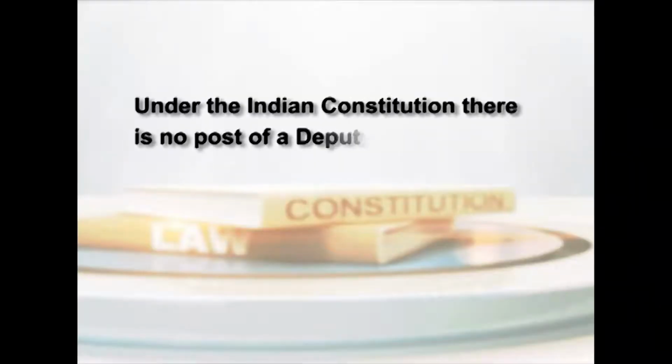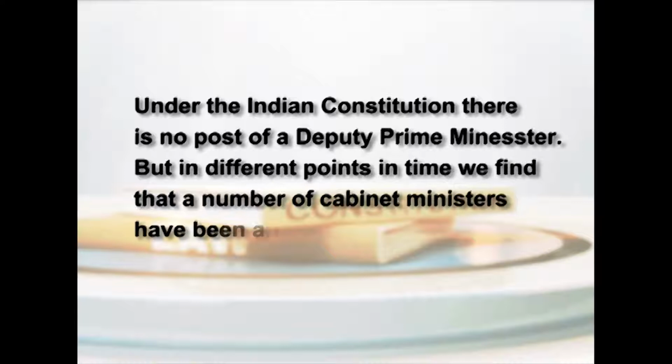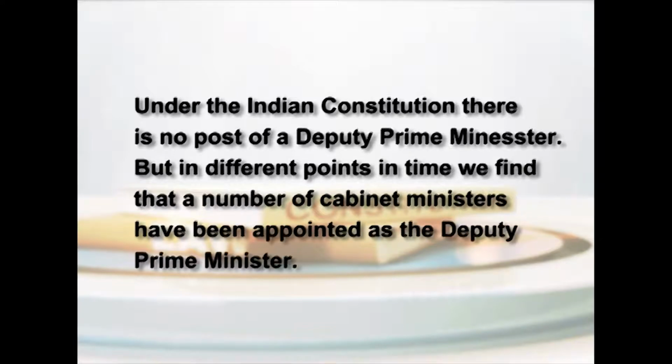Under the Indian Constitution, there is no post of a Deputy Prime Minister. But at the time of different Prime Ministers, we find that a number of cabinet ministers have been appointed as the Deputy Prime Minister. For instance, when Pandit Nehru was the Prime Minister, Sardar Vallabhbhai Patel was appointed as the Deputy Prime Minister. Similarly, at the time of Indira Gandhi, when she was the Prime Minister, Morarji Desai was appointed as the Deputy Prime Minister.